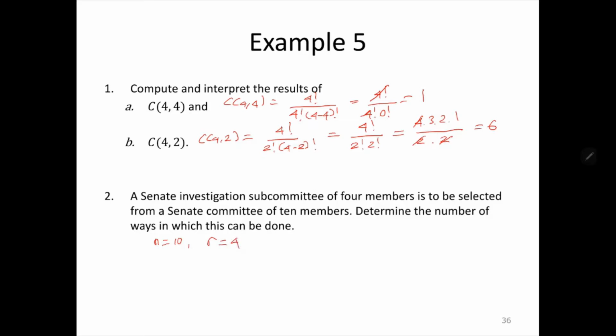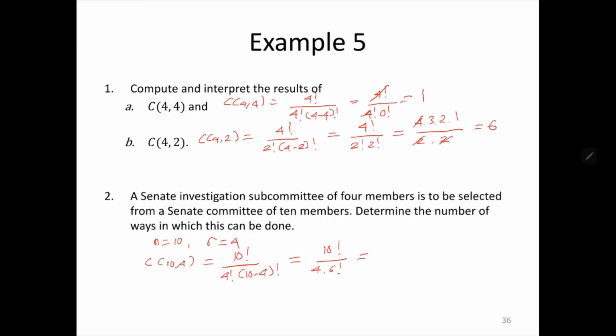Yeah. So of course, the number of ways in which this can be done is combination of 10, 4, which is 10 factorial over 4 factorial times (10 minus 4) factorial, and this is just 10 factorial over 4 factorial times 6 factorial.